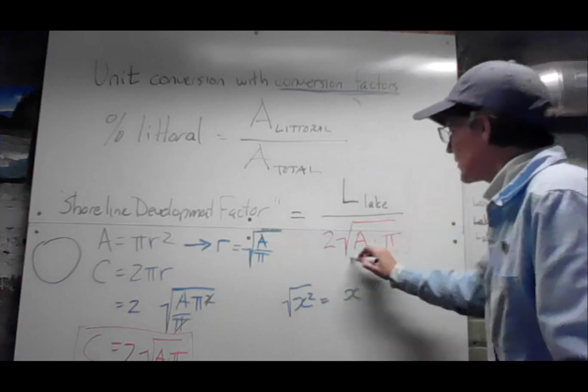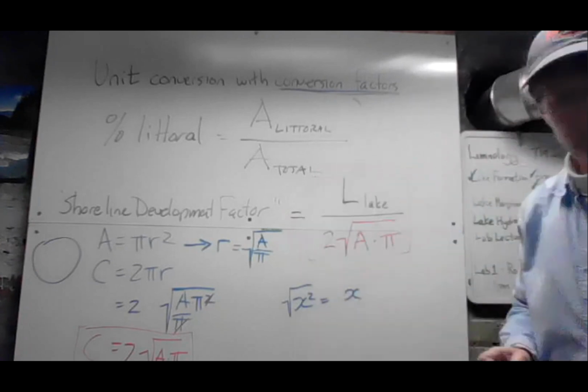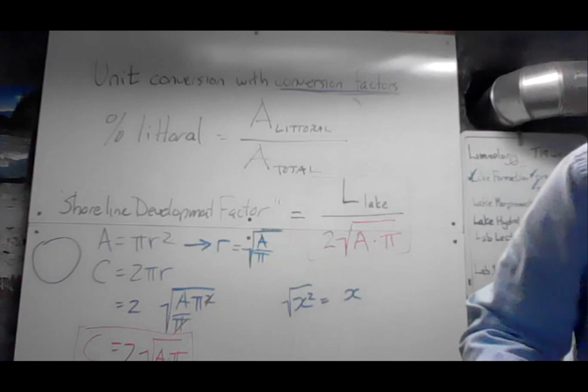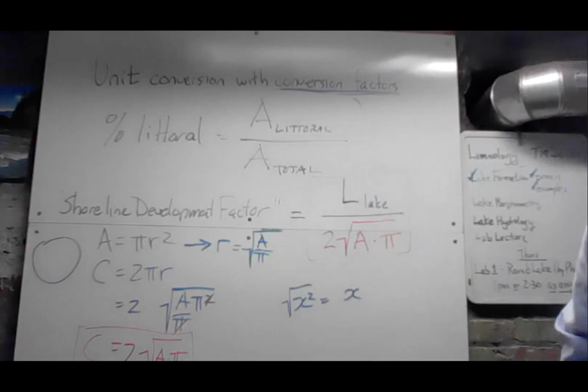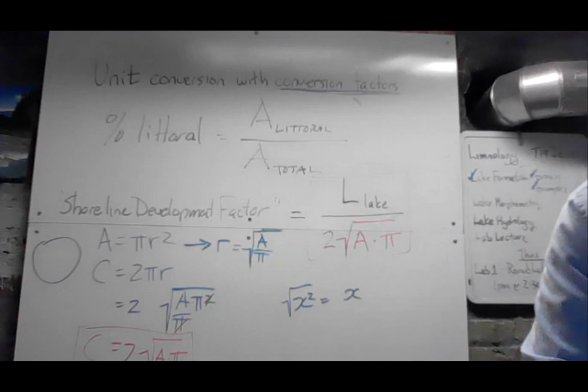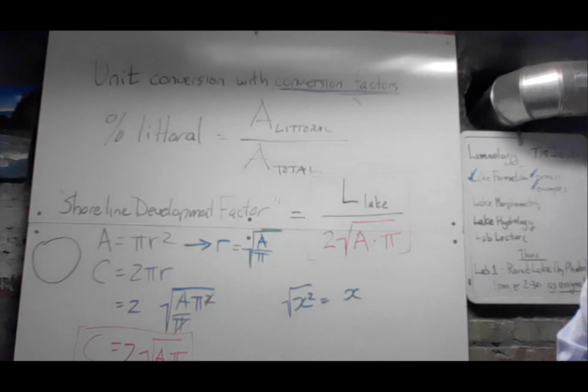So the shoreline development factor is equal to the length of the lake shoreline divided by 2 times the square root of A times pi. And that looks like a mysterious function, but it's not really. It's just as I've explained it.